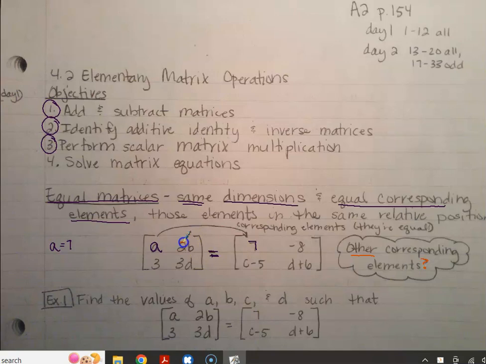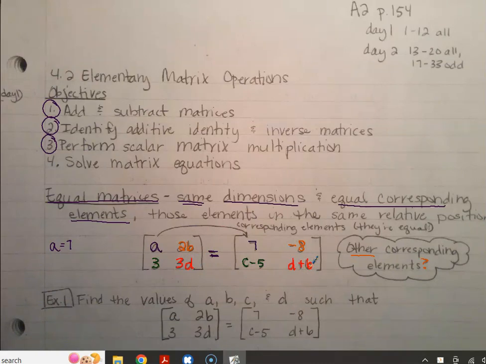Hopefully you said 2B is corresponding to -8. They're in that same relative position. Or maybe you said 3 corresponds to C minus 5. Or maybe you noticed 3D is corresponding to D plus 6.